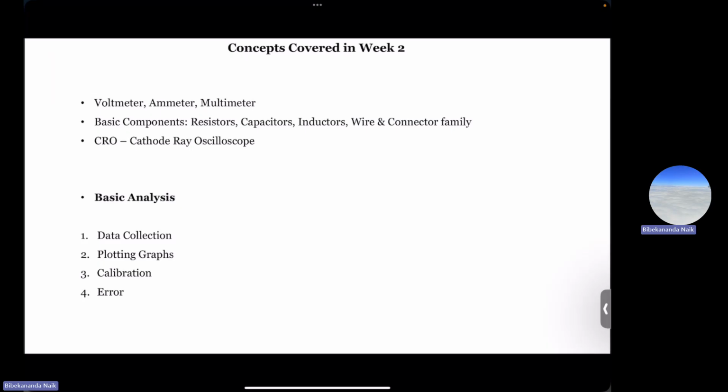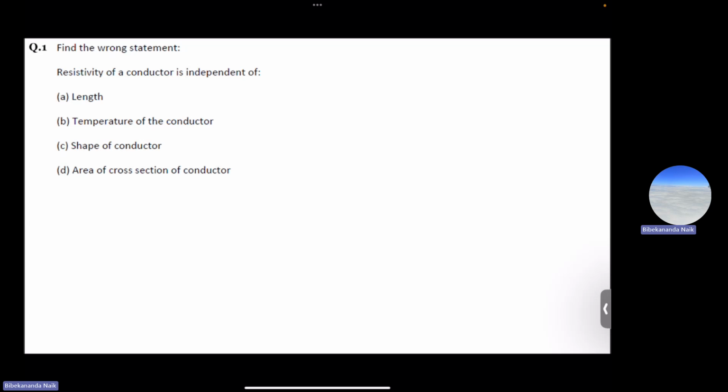The other concepts covered included resistors, capacitors, inductors, and wire connectors family. The lectures also covered the cathode ray oscilloscope, and under basic analysis there was data collection, graph plotting, calibration, and error. So let's solve a few problems based on the week's contents.